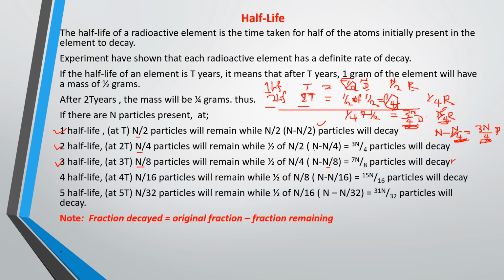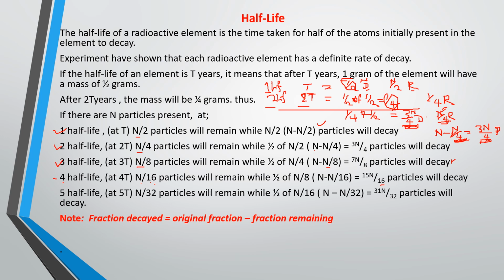Then at 4 half-lives, the amount of substance that will remain will be n over 16, and what has decayed is n minus n over 16, which is 15n over 16. Is that okay? N represents the initial amount of the substance. Please don't forget.